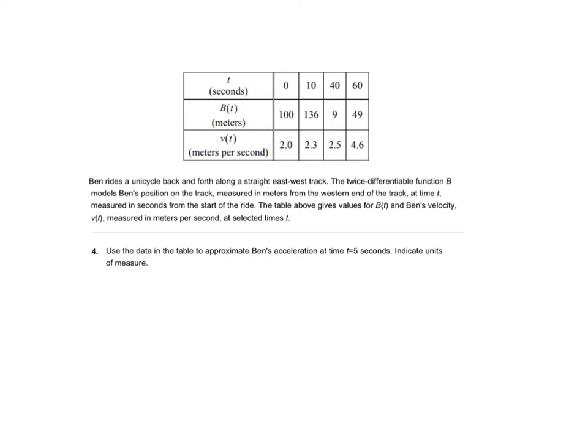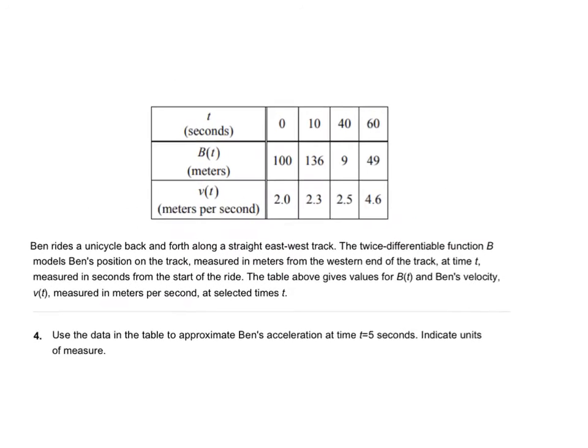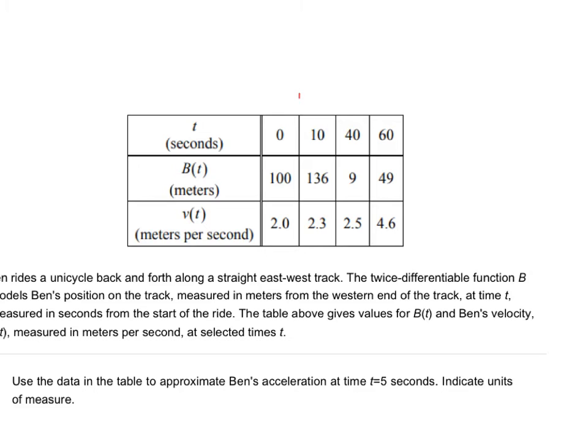Okay. You know, acceleration is derivative of velocity. But to approximate, you know, we don't have a function, so we can't take derivative of the velocity since we don't have a velocity function. But if we look at this, so t equals 5, you know, right in between 0 and 10.